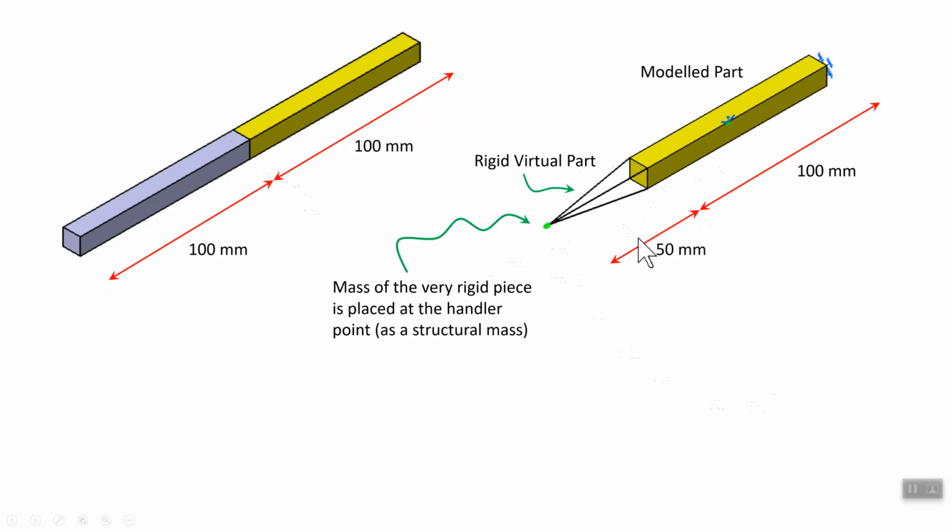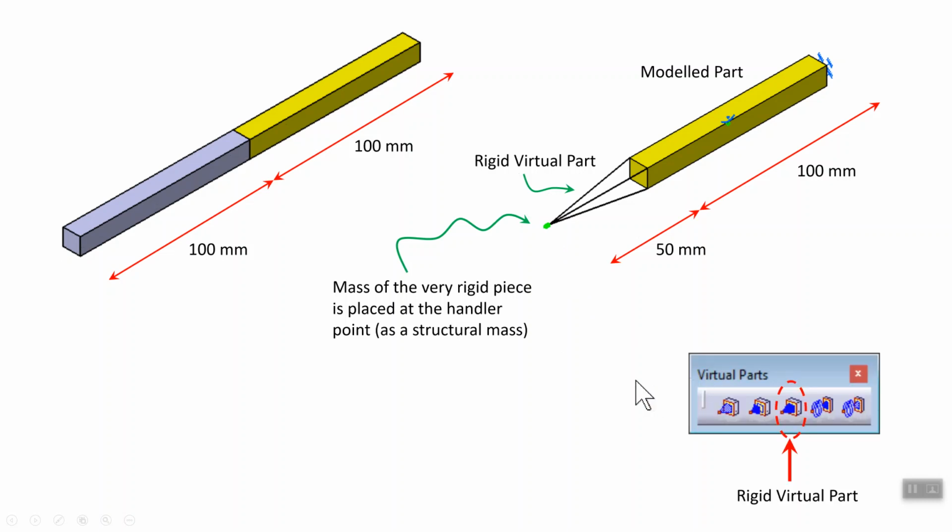Now, the reason I came up with the 50 millimeter is that the centroid of this piece that we are ignoring is 50 millimeter away from the right end of it. Now, of course, the mass of this piece that we're ignoring, we're going to place as a lumped or structural mass at the handler point.